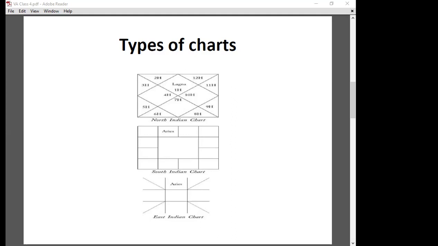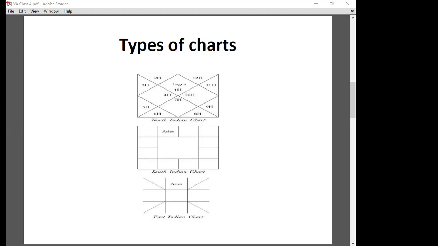Then we come to the tattva of the signs. We have 4 tattvas. We do not consider Akash tattva because Akash tattva is generally invisible. Aries, Leo, and Sagittarius are Agni tattva rashis, or fiery signs. Then we have Taurus, Virgo, and Capricorn as the Bhu tattva, the earth element.